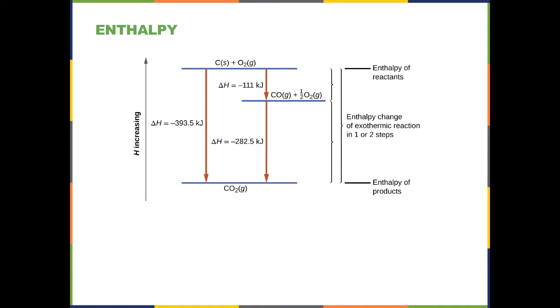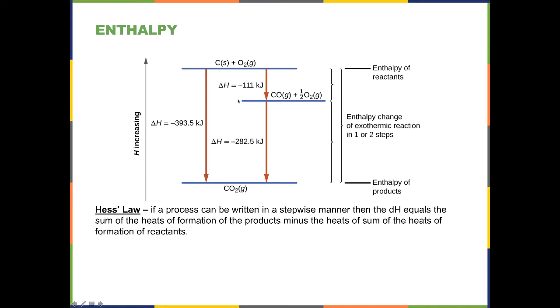Now, this diagram illustrates Hess's law. Hess's law is how we go from the elements, carbon plus oxygen, and end up with carbon dioxide.